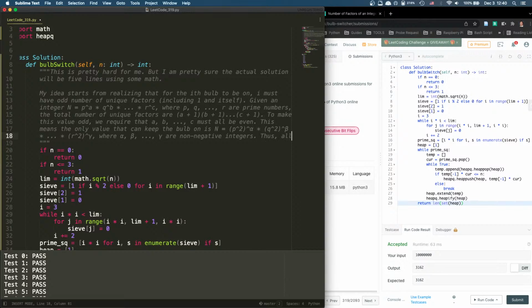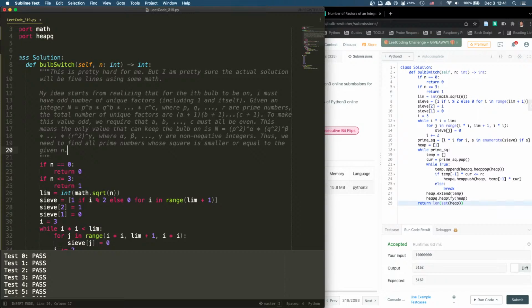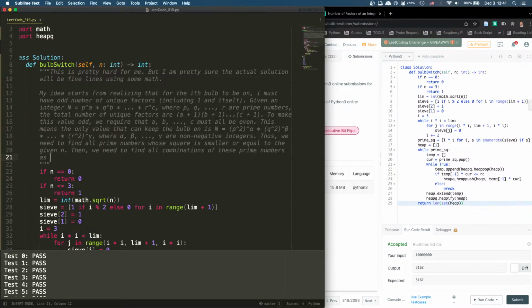Thus, we need to find all prime numbers whose square is smaller or equal to the given n. Then we need to find all combinations of these prime numbers as factors to generate a value smaller or equal to n.